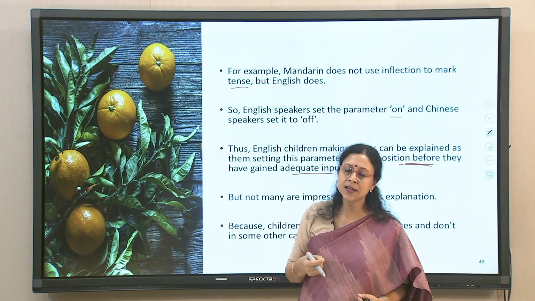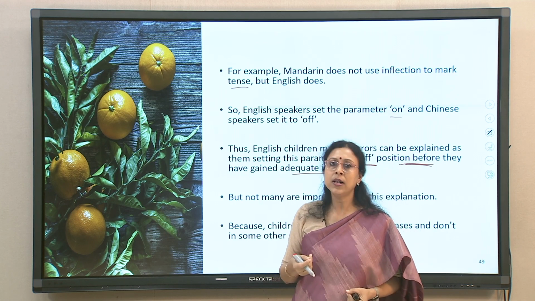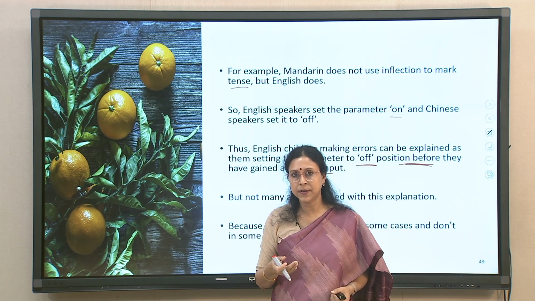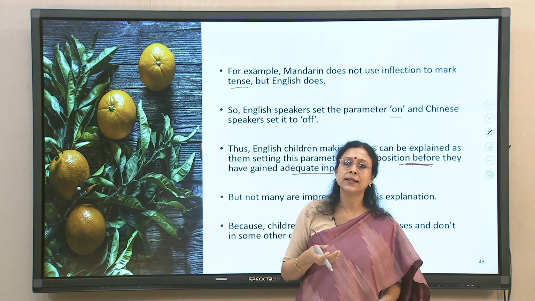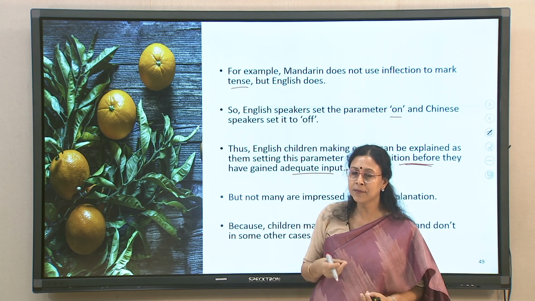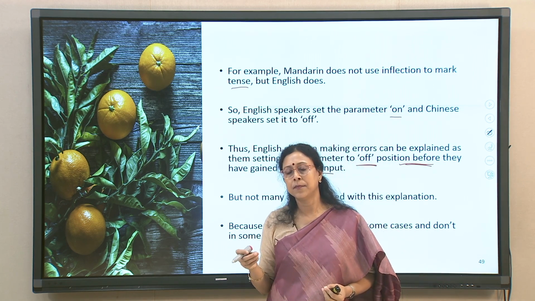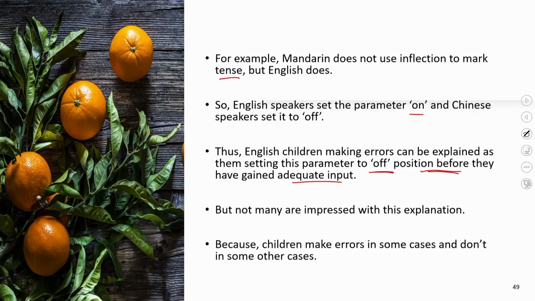English speaking children will know, after adequate input has been gained, that this language requires the tense marking to be present in the verb. So, before they arrive at that conclusion, in the intermediate time they might switch off the inflection parameter.